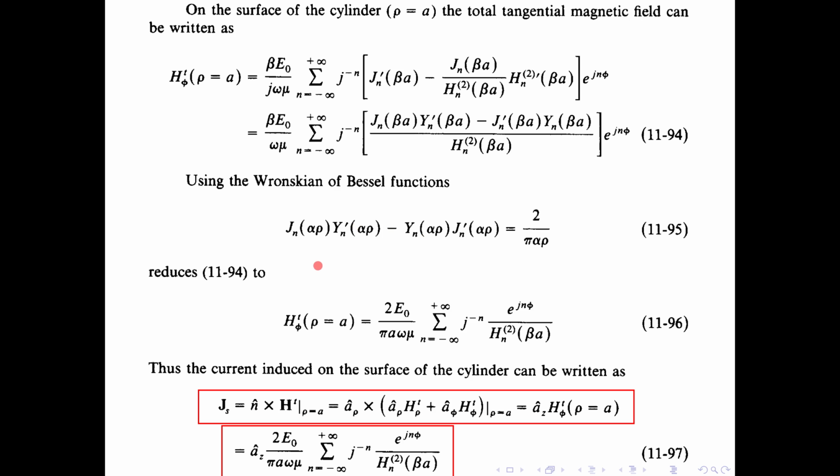You can find this equation for the Wronskian, and using it you can easily remove the derivative of the Bessel functions and get this formula for the phi component of the magnetic field, which makes the induced current equal to this formula, a simple formula giving the current on the surface of the cylinder as an expansion of cylindrical Bessel functions.